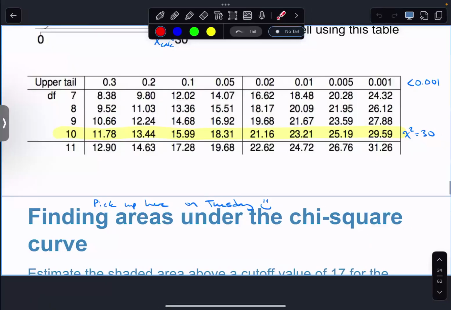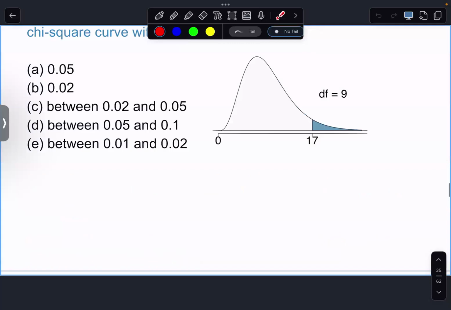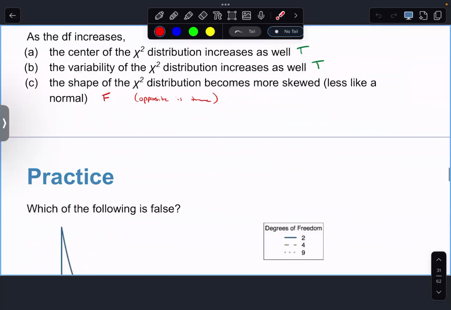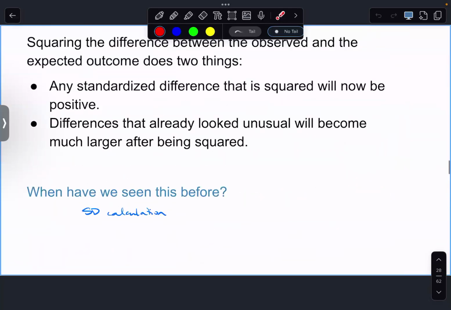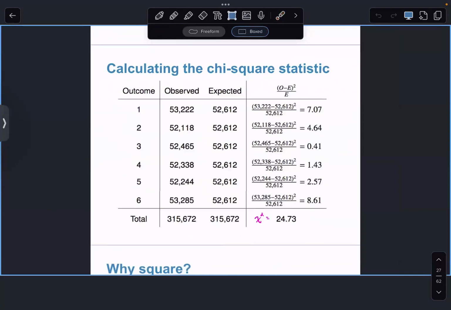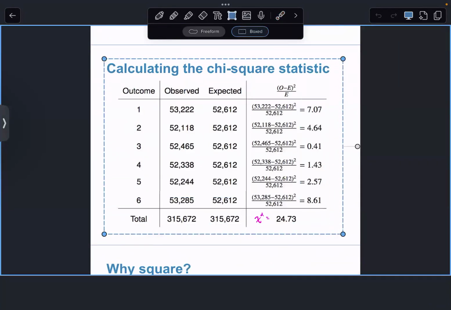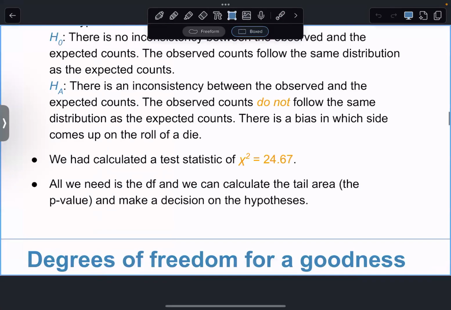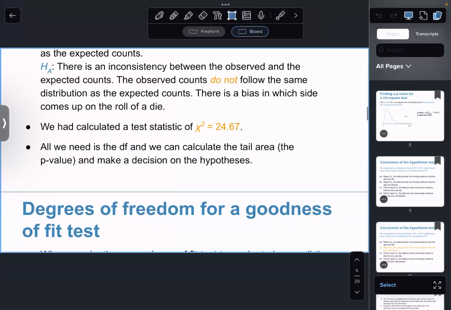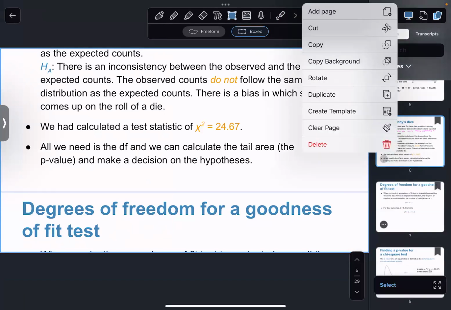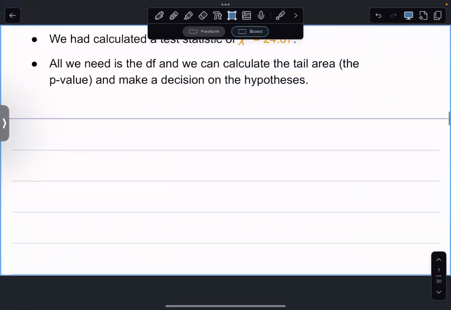Let me go grab it from last day. Where am I here? Page.